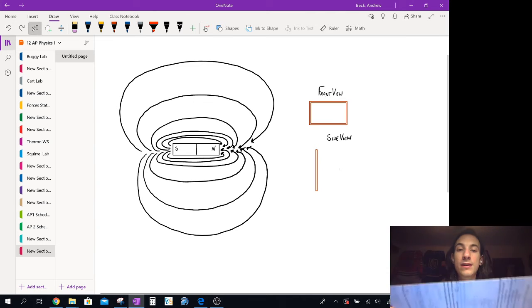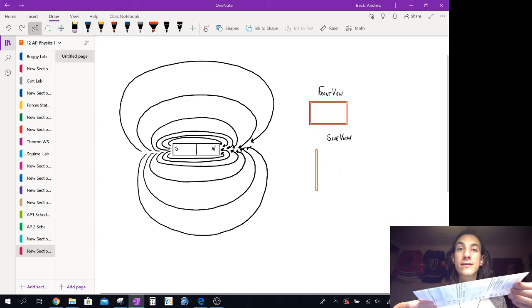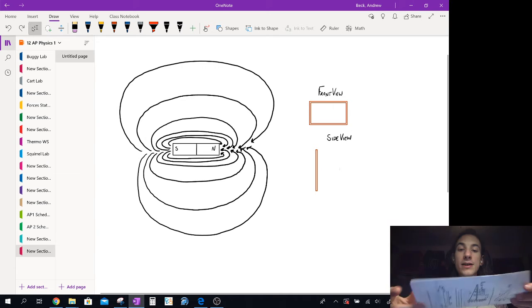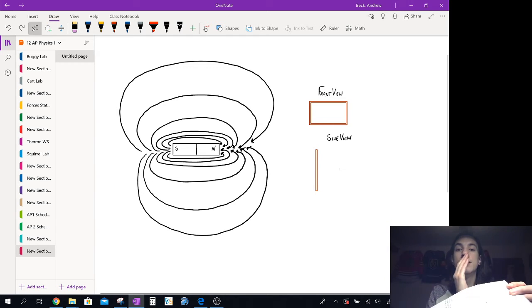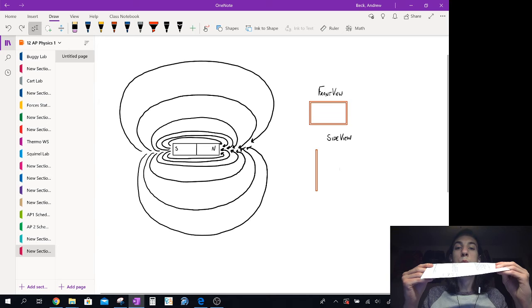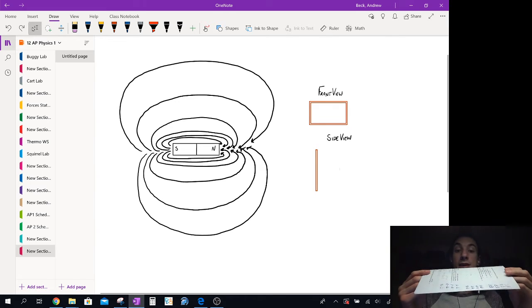If I then twist it a little bit, less of my breath is hitting the paper. If I spin it so it's completely perpendicular, so the area vector is perpendicular to the way that my air is moving, very, very little air is hitting that paper. If I had it perfect, then no air would be hitting that paper.